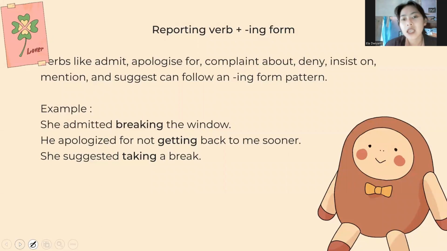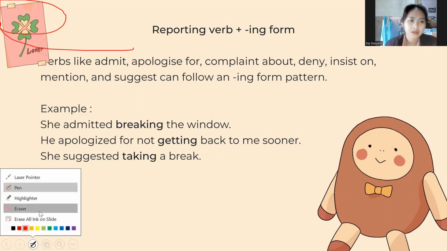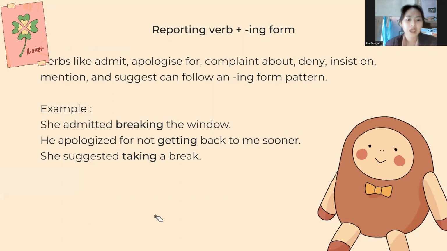Reporting verb plus -ing form. Verbs like admit, apologize for, complain about, deny, insist on, mention, and suggest can be followed by a verb in -ing form. For example, she admitted breaking the window.